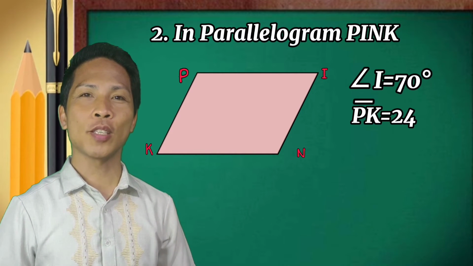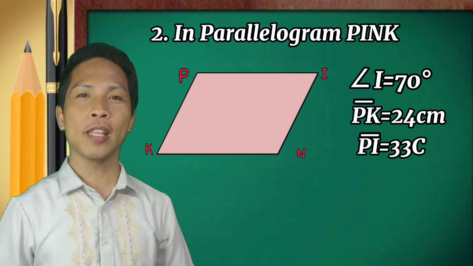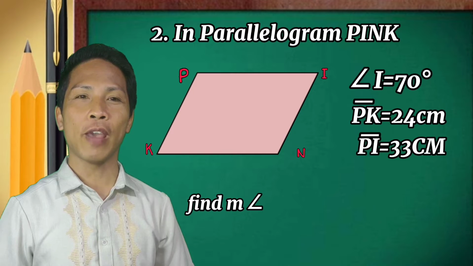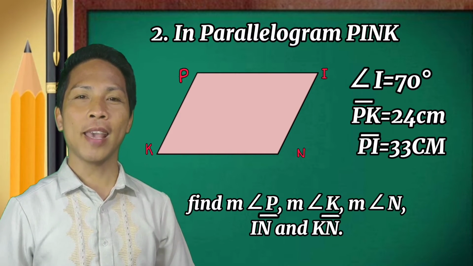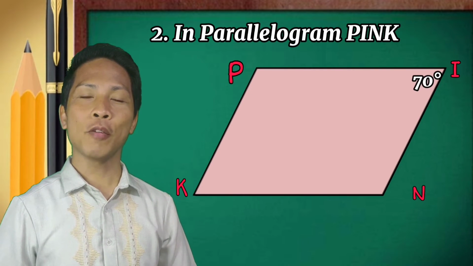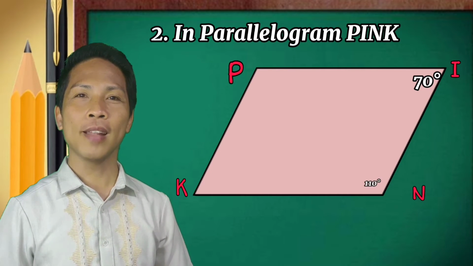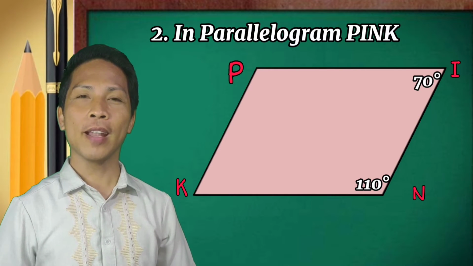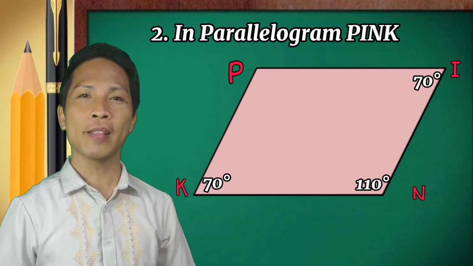Side PK equals 24 centimeters. Side PI equals 33 centimeters. Find the measure of angle P, angle K, angle N, side IN, and side AN. If angle I equals 70 degrees, then angle N equals 110 degrees since they are supplementary. If angle N equals 110 degrees, then angle K equals 70 degrees since they are supplementary.